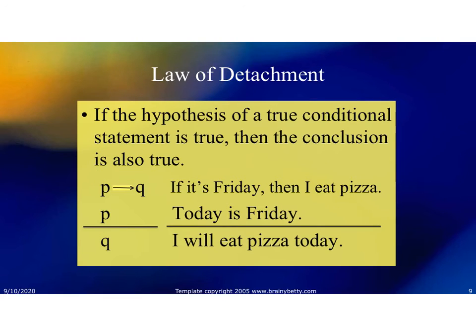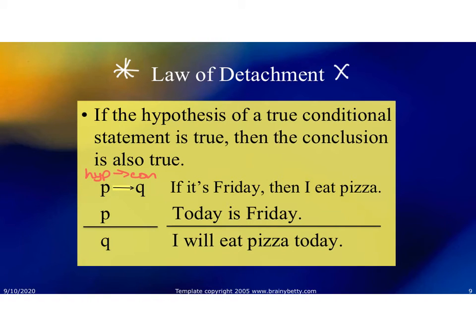The first law that we're going to cover is called the law of detachment. The law of detachment says that if the hypothesis of a true conditional statement is true, then the conclusion is also true. Remember, P is your hypothesis, and Q represents your conclusion.